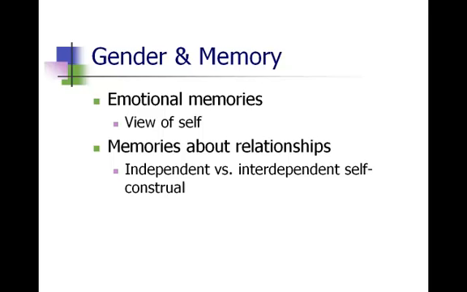A woman, when asked to define herself, is more likely to say, I'm my mother's daughter, whereas it's less likely for a man to say, I'm my mother's son or I'm my father's son. It might be in there, but less likely than for a woman, who will define herself in relation to others. Whereas the man will more likely say, I'm a postal worker. What I do, not who I am related to other people.